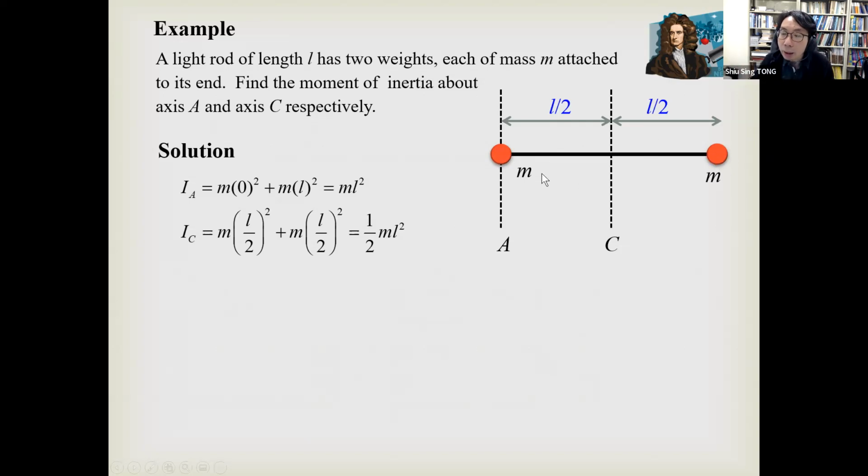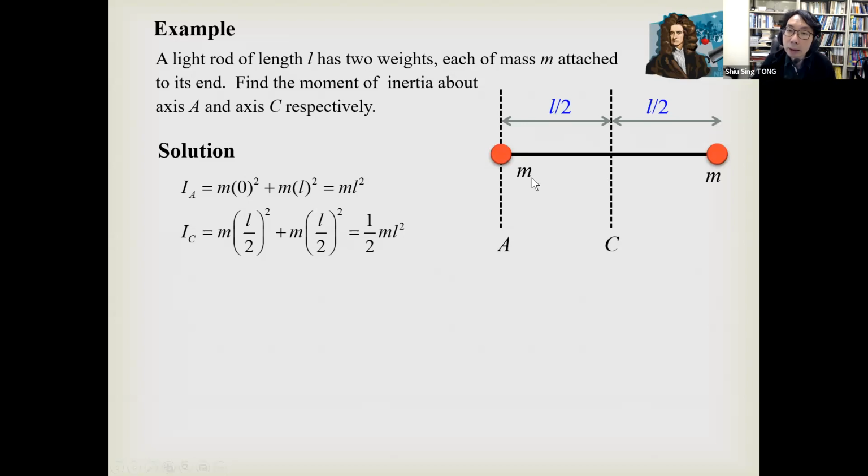Now, suppose I can rotate this object about an axis that is passing through the end of the rod. Okay, I have the axis perpendicular to the rod and passing through one of the masses. So I call this axis A. But I can also rotate the object about an axis through its center. Okay, and I call this axis C.